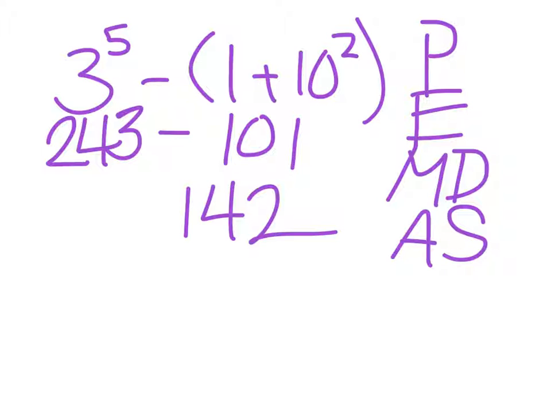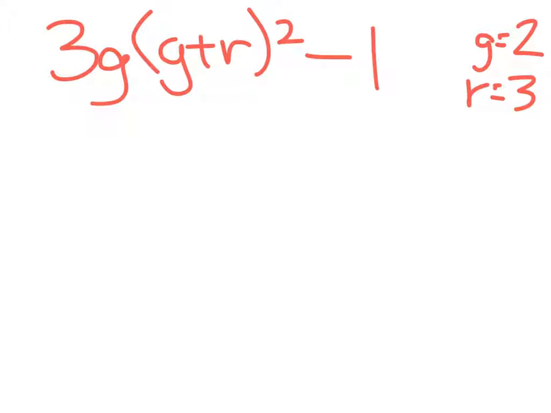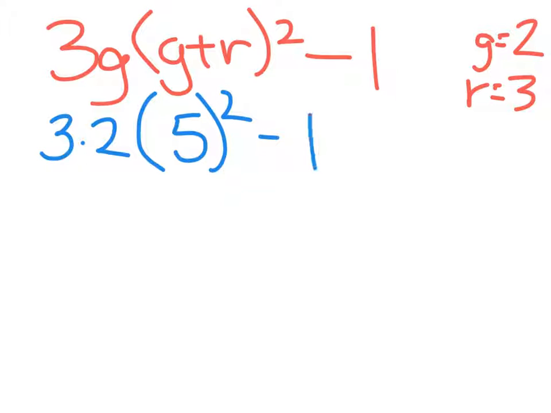Alright, now let's look at some different stuff that's here. This is number 35. This is where they tell you what G and R are. So 3 times G would be 3 times 2. G plus R, I think that's 5. It looks like I'm squaring that, minus 1.